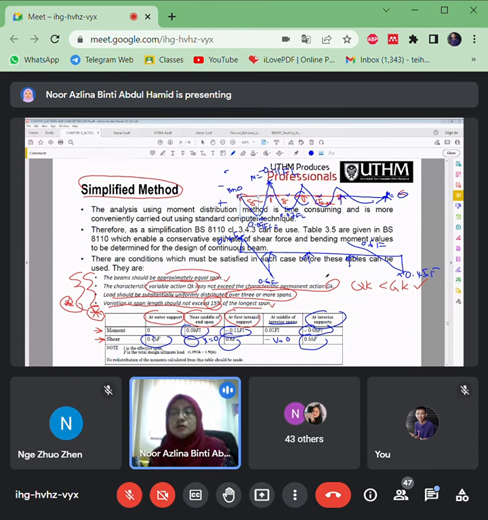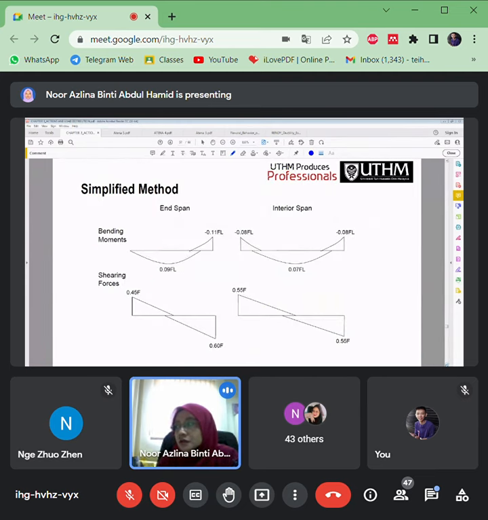You just have to follow the tables here, where F is the total design ultimate load, which is the maximum load, and L is the effective span. So this is how the simplified method works, for the end span and the interior spans, according to bending and also shear.